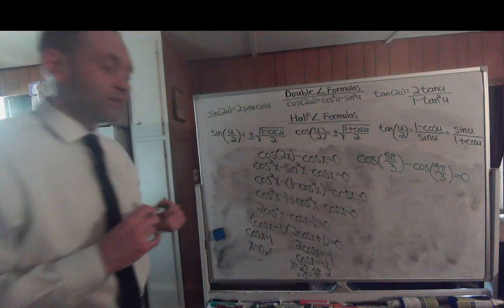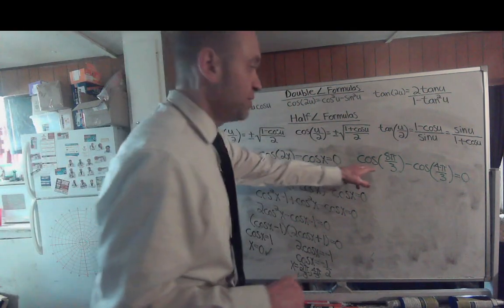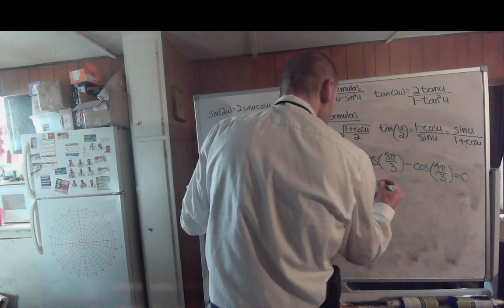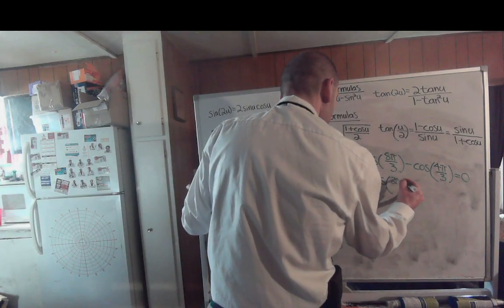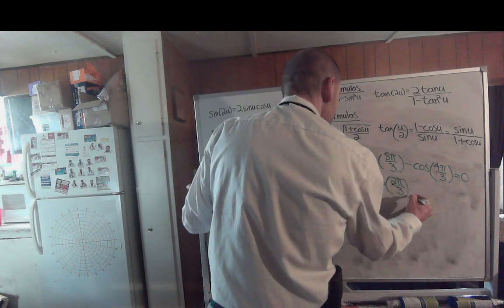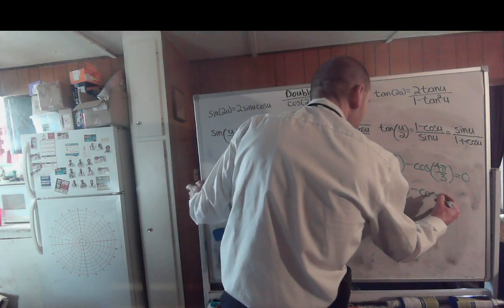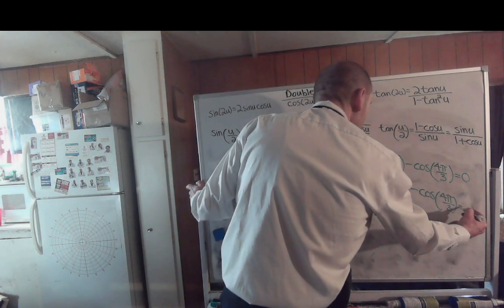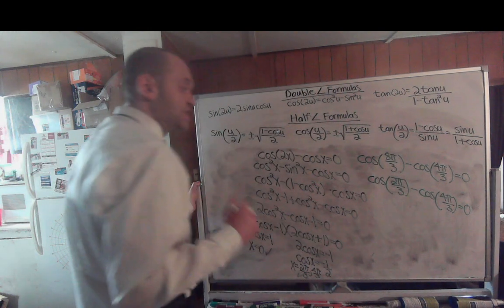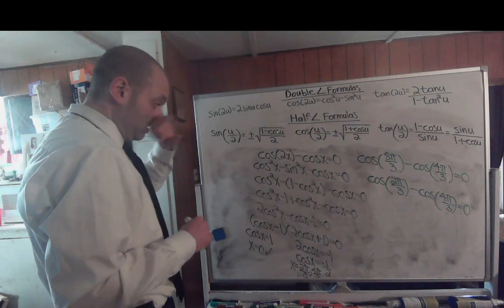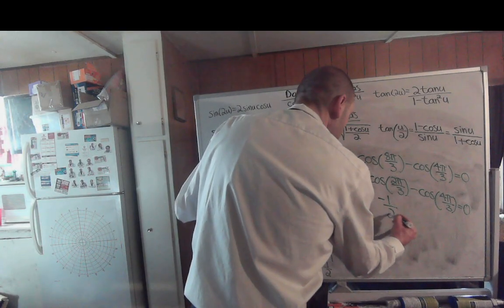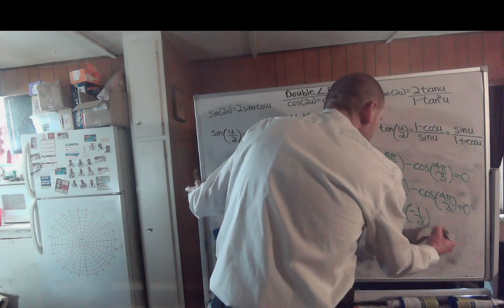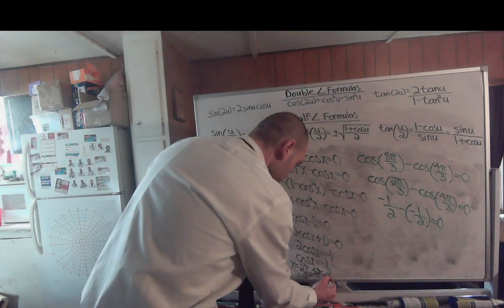Well, 8 pi over 3 is past 2 pi, so if you subtract 2 pi from that, you end up getting the cosine of 2 pi over 3. Then this would be minus the cosine of 4 pi over 3. Which we happen to know the cosine of 2 pi over 3 is negative 1/2 minus the cosine of 4 pi over 3 is negative 1/2. You end up with the same scenario where 4 pi over 3 also works.